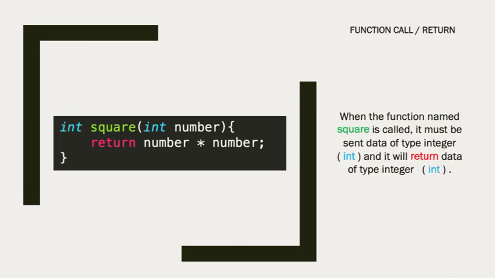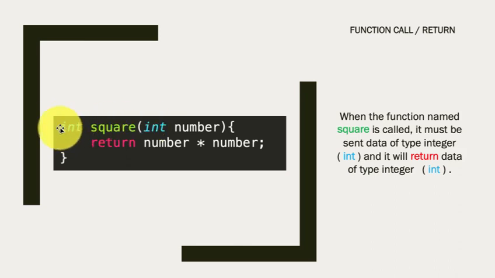Now, when this function is called, it has to be sent data of type integer and is going to return data of type integer. I can tell that because in my parameter list, I've declared a variable named number and its data type is integer. The parameter list is the area that receives the data for the function to do its job.